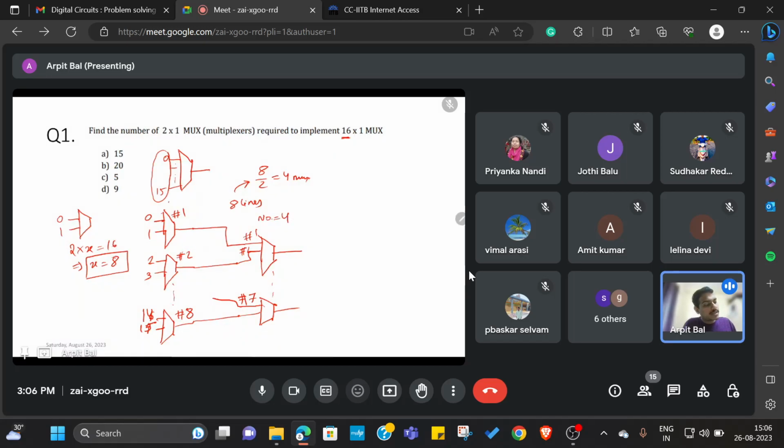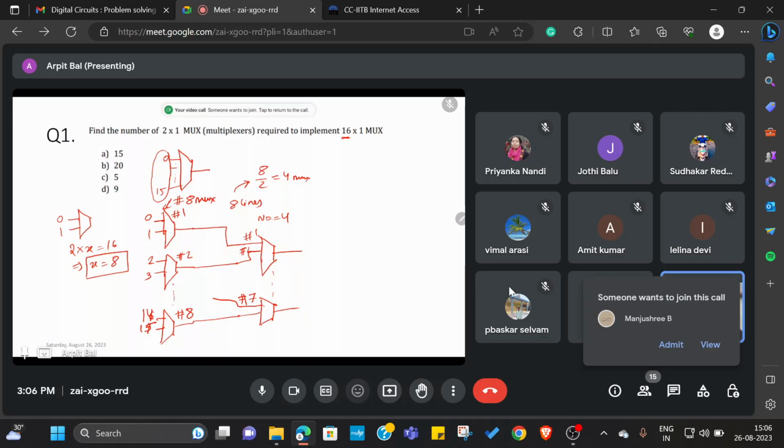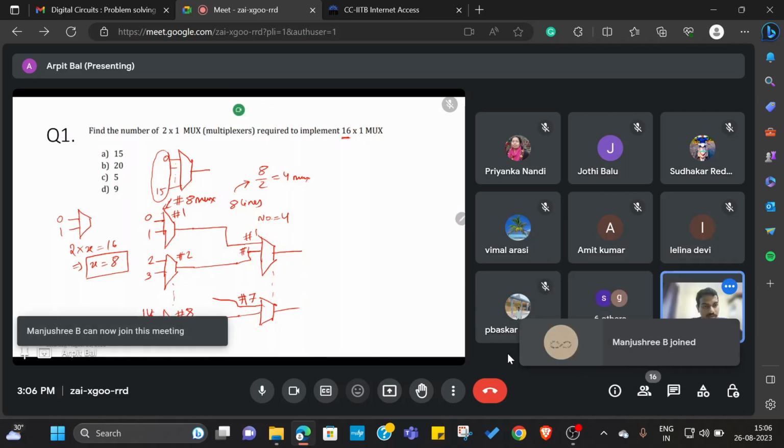Here how many muxes did we have? 8 muxes, right? So from the 4 muxes, how many outputs will we have? We will have 4 outputs, right? So these are 8 lines. These are 4 lines.